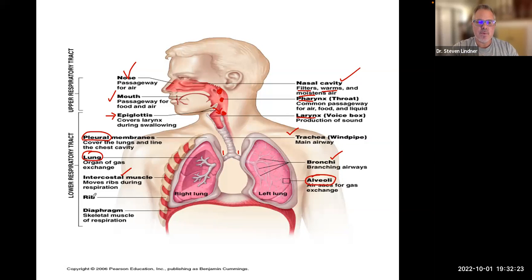We have the ribs, 12 pairs of ribs that are involved in protecting the lungs as well. And then we have this skeletal muscle right here called the diaphragm, which is also involved in respiration. When the diaphragm pulls downward, it will allow inhalation.